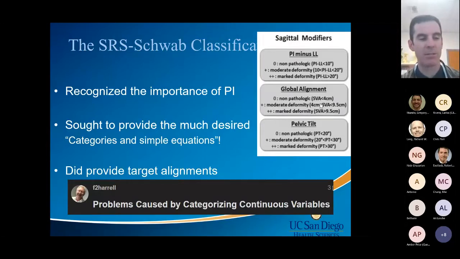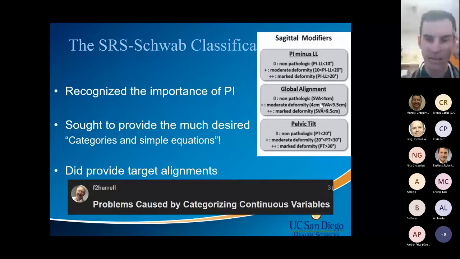It is only a reasonable marker for you to compare to the patient's last or future sagittal plane global plumb lines. You can't average them over a population, and you can't compare 4 centimeters in one person to 4 centimeters in another person. It doesn't work like that, particularly because your SVA is dependent upon your pelvic incidence.